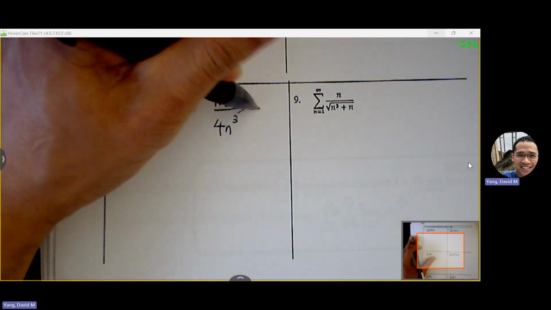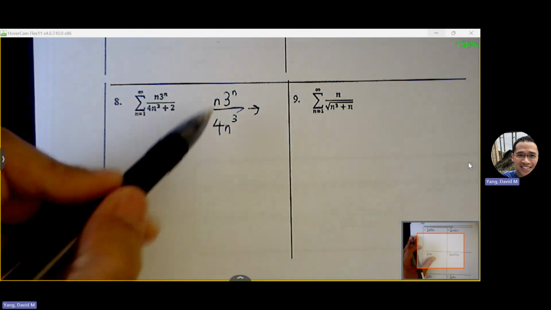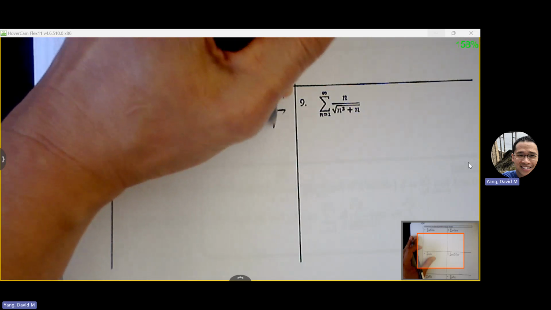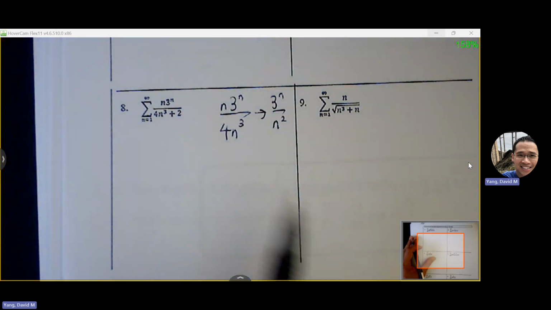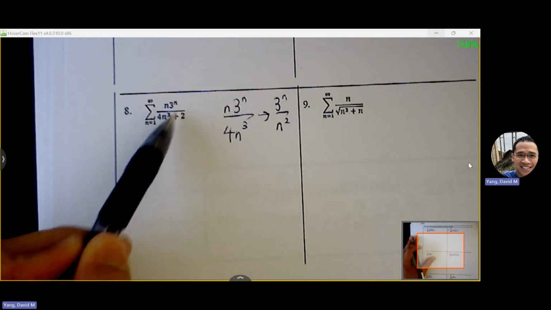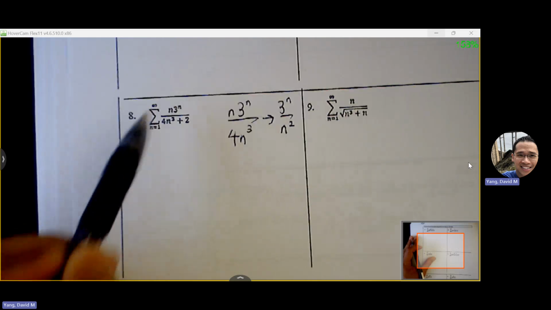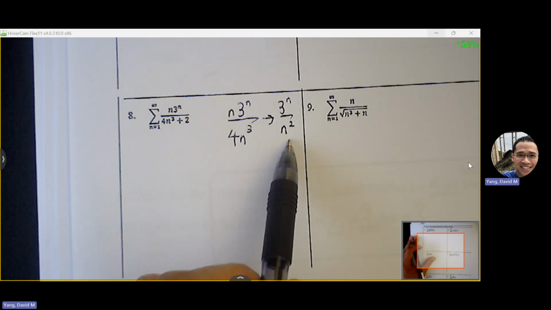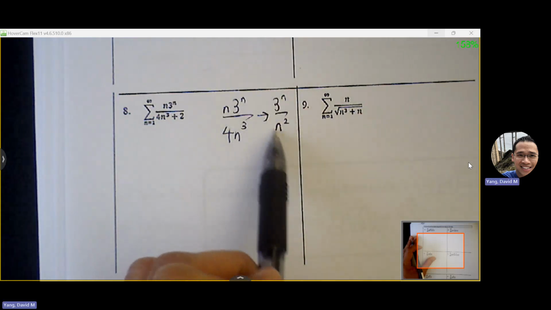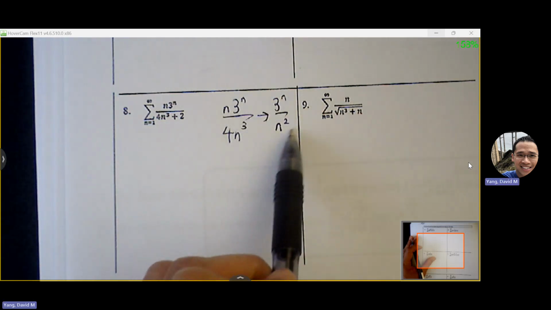I can strip away that 4, it's not going to mean much. I'm also going to take away one of the n's. So 3 to the n over n squared is a good reduced version of this, if I strip away the +2 and the 4 and just keep the main portion. Are you good with getting this all the way down to this simpler version? Now, what do you know about 3 to the n over n squared, just from previous knowledge?